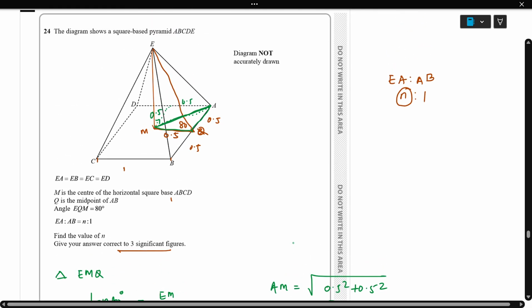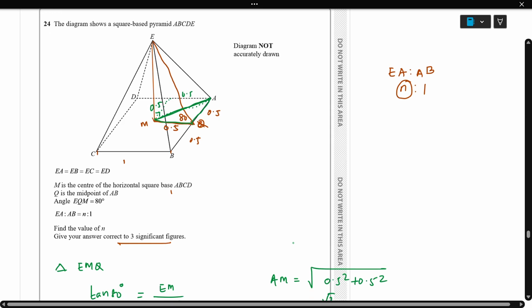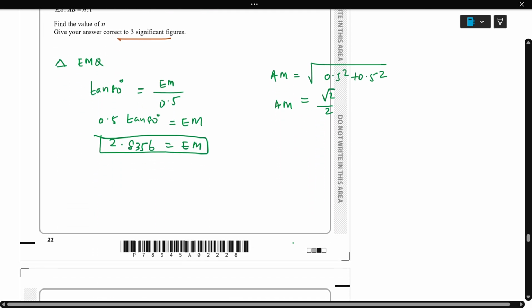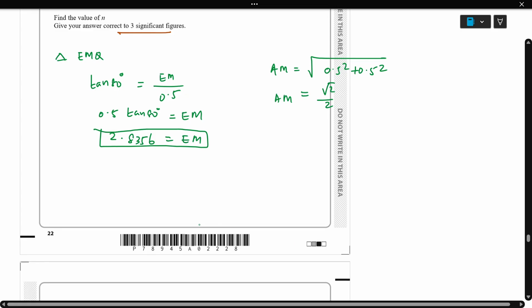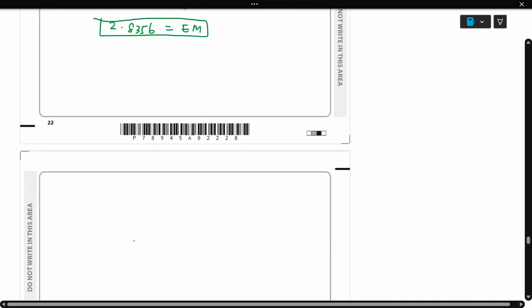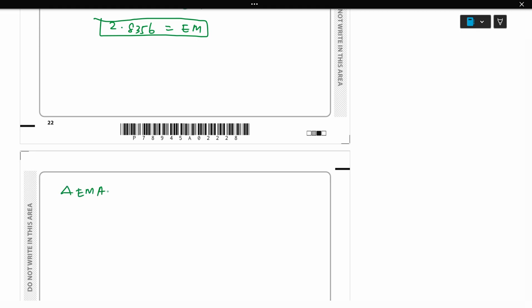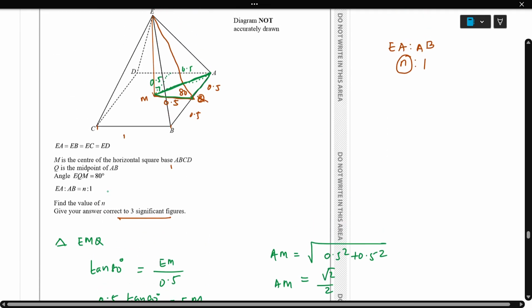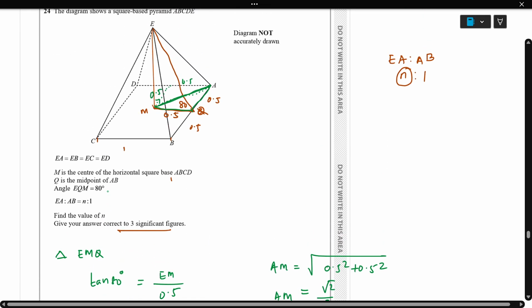Now I'll go for triangle EMA. So we know two sides, which are EM and AM.